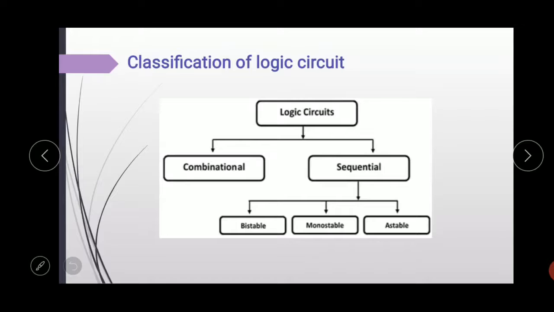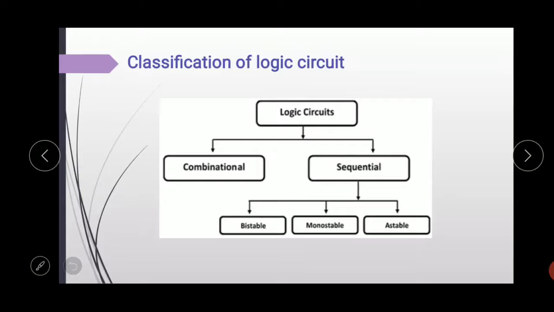Sequential circuits are again divided into three types, that is bistable, monostable and astable. As per their behavior they are classified. Bistable circuits have two stable states.